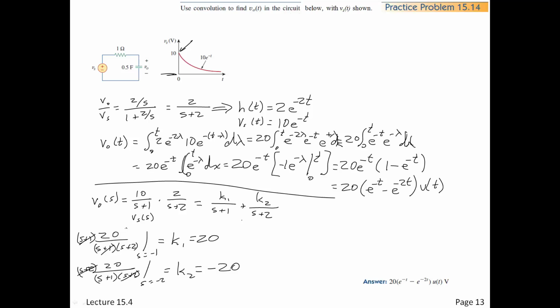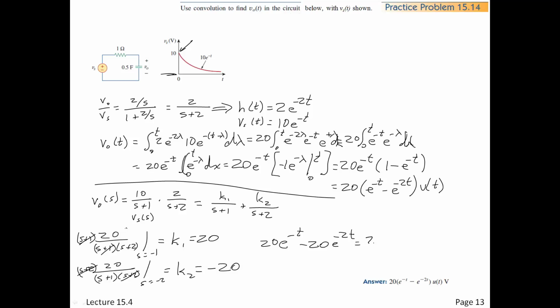Then if we put it all together, we've got 20 times 1 over s plus 1. The inverse Laplace of that is e to the minus t. And then I've got k2, minus 20, times 1 over s plus 2, which is e to the minus 2t.